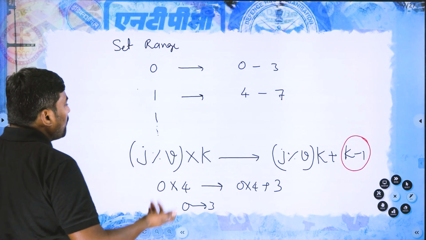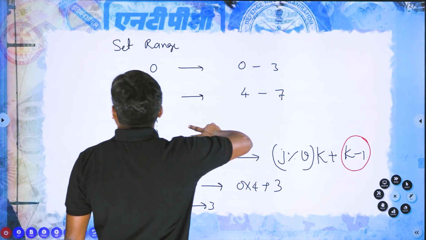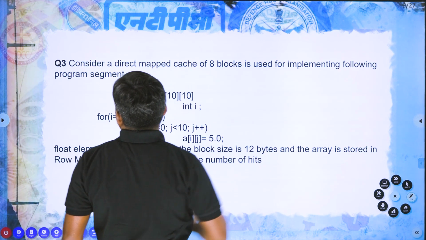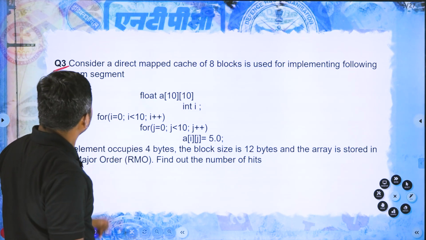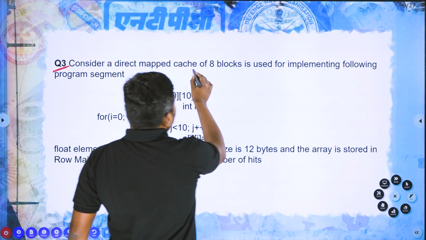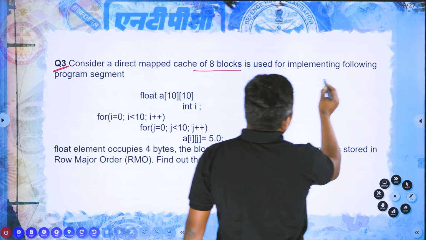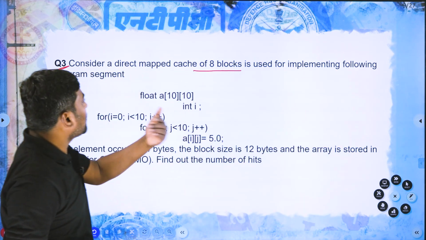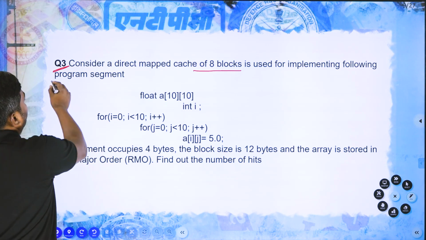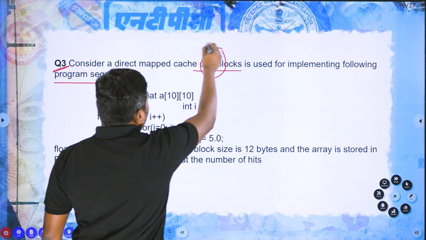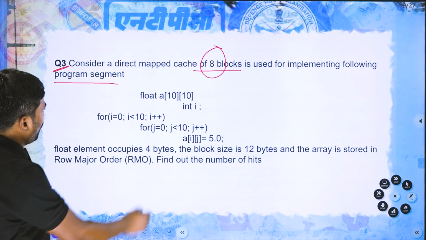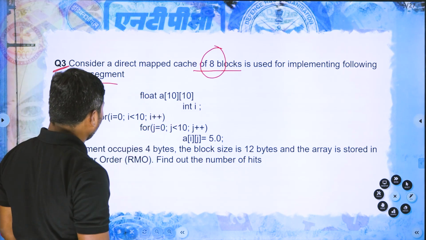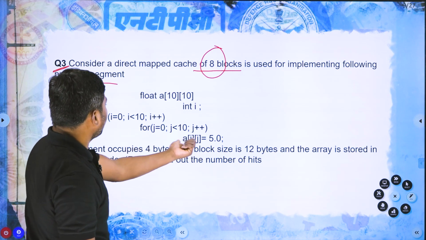So this is another pattern of question we're looking into. Look carefully here, question number 3, it is a little interesting question. Consider a direct mapped cache of 8 blocks used for implementing the following program segment. How many blocks are there? 8 cache blocks, direct mapped. The program has a float 10 by 10 array, and I'm storing some values in this array.